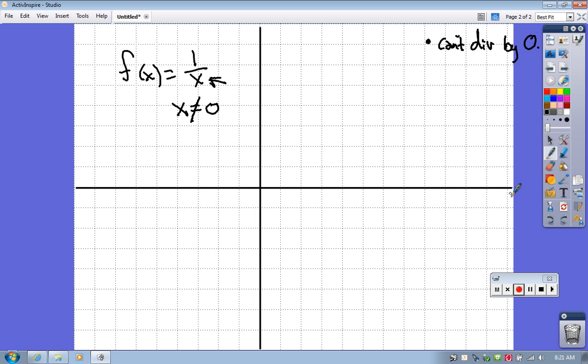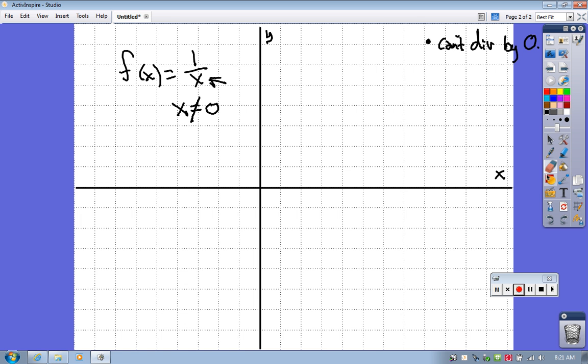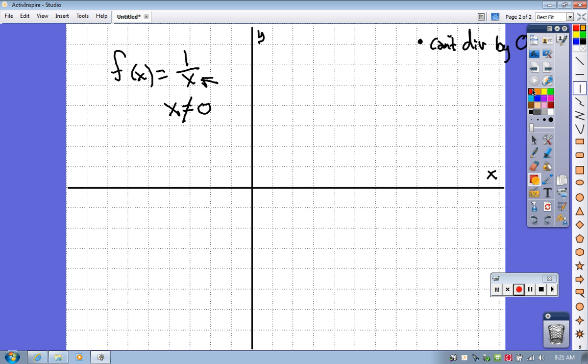What this means for us is that x can't be 0. This is the x-axis, this is the y-axis, and x is 0 along the y-axis. If we can't have it as an input, we'll never have an output along that spot. So we're getting a limitation on our graph.